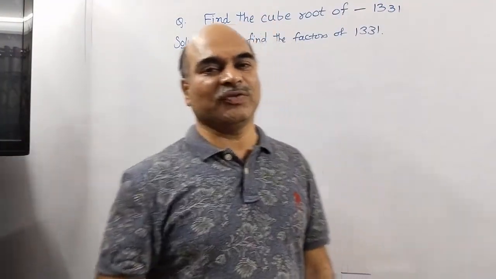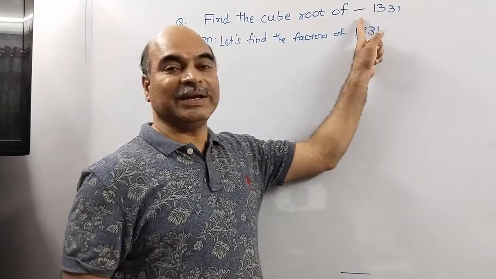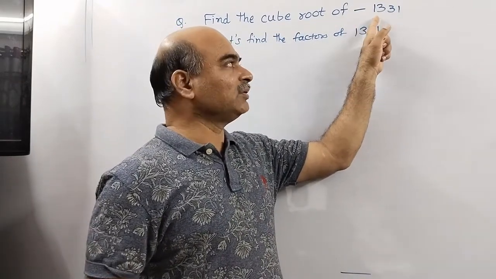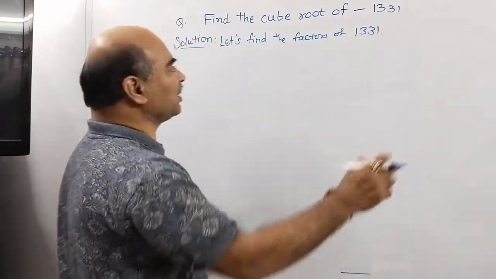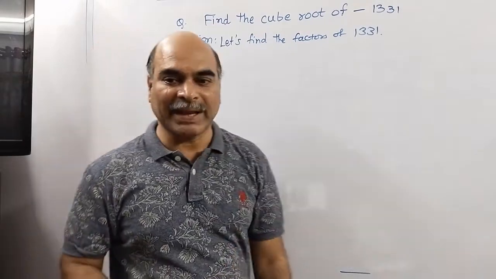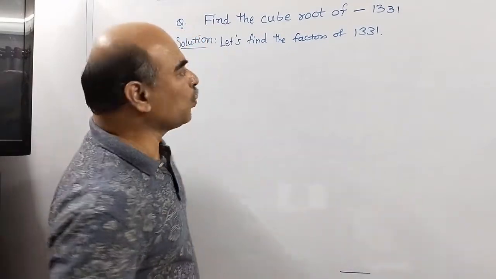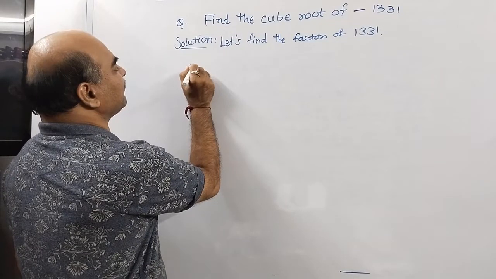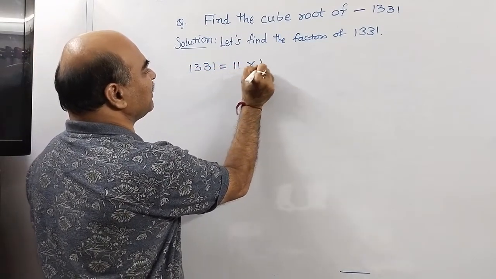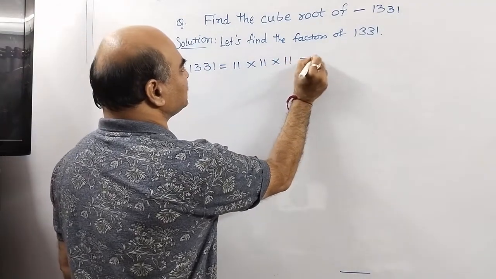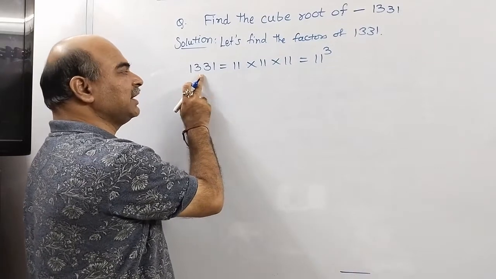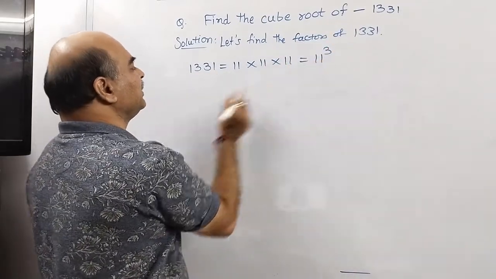Hello friends, we are going to find the cube root of a negative number. The given number is negative, minus 1331. So for that, let's find the factors of 1331. Here we get the factors of 1331 as 11 into 11 into 11, that is 11's cube. 1331 is the cube of 11.